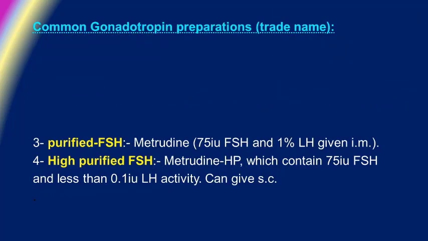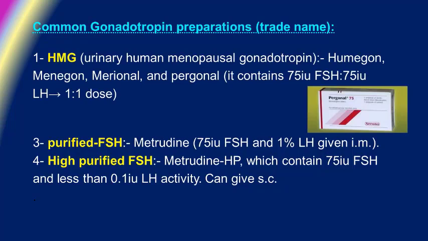The commonest gonadotrophin preparation is human menopausal gonadotrophin, extracted from the urine of menopausal women, like Humegon, Pergonal, Merional, and Bergonal. Human menopausal gonadotrophin injection has a 1 to 1 ratio of FSH and LH, 75 international unit FSH and 75 international unit LH.